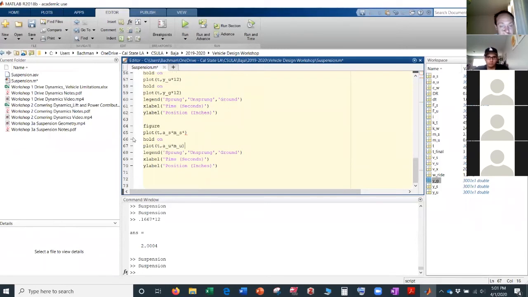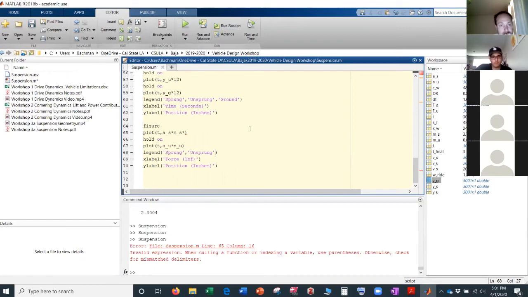And so this should be in pounds force. No, so this is force in pounds force. You have a multiplication symbol? Yeah. Thank you.